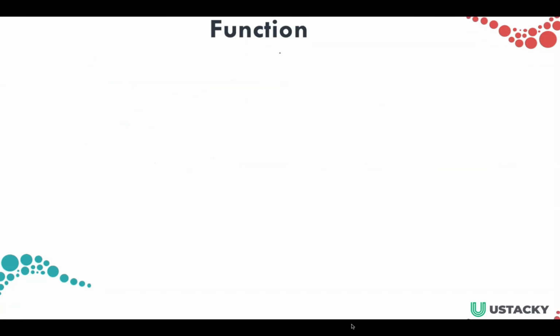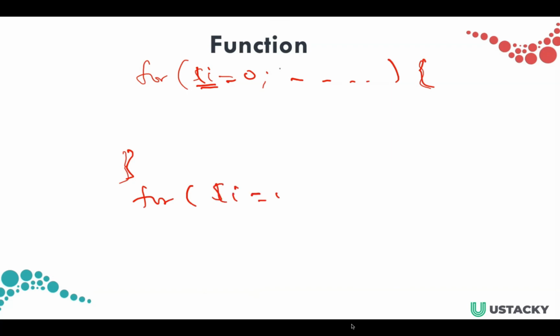Let's take another example. For the for loop, you have for, and you have variable $i to be 0, and you also have some other conditions there. This variable $i will only live within this context. If you have another for loop, this variable $i also will live within this context.